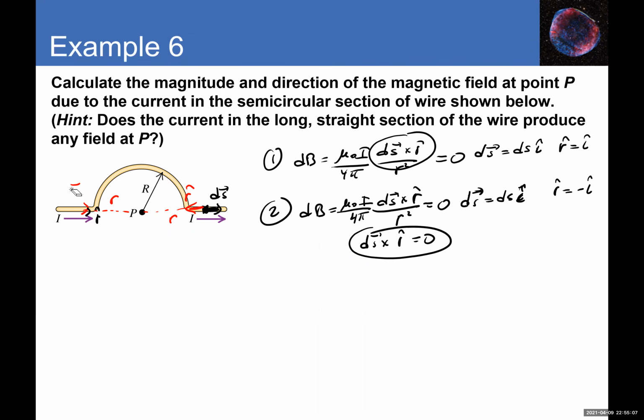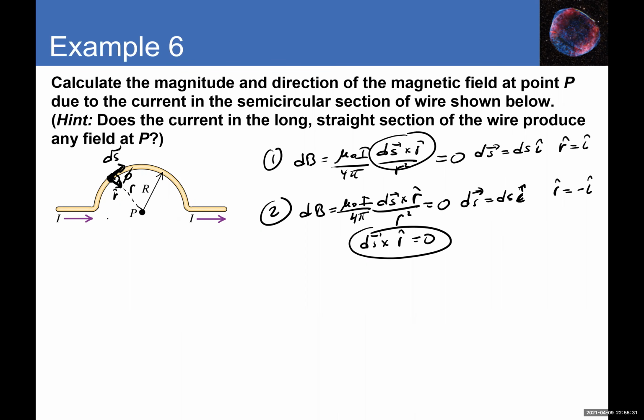All right, so then finally we are ready to look at the circular portion. Let's say I choose some segment right there. You can say that this is my ds. This is r, and this is, let's say, r hat. At all times, the angle phi that r hat makes will be 90 degrees.